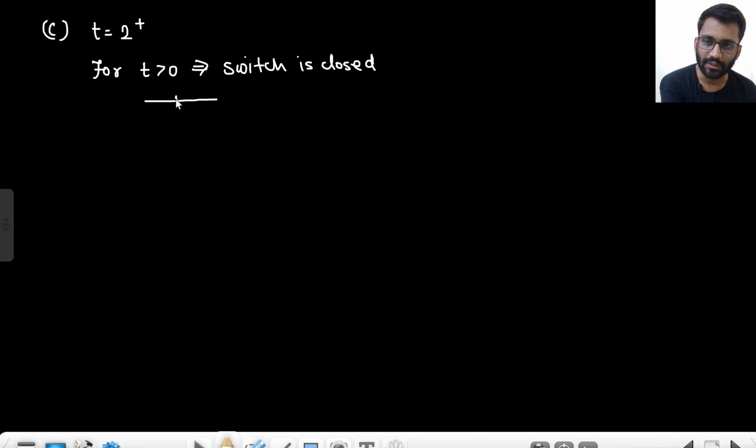This is your 0, this is your 0 plus, and this is your 0 minus. Now how will the circuit look? The 10 volt battery is connected across 5 ohm and 5 ohm.